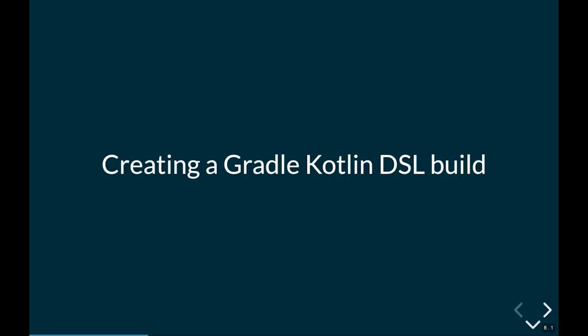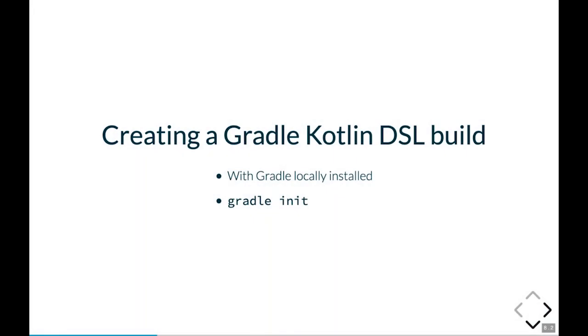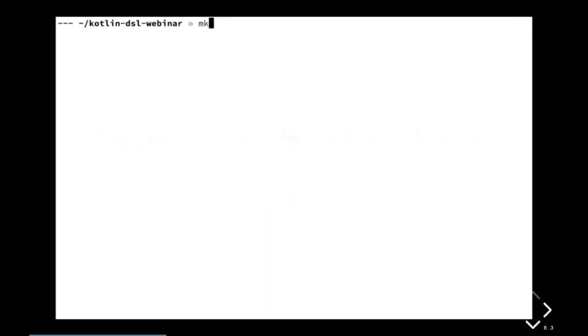All right, so let's get into practical things. We'll get started by creating a Gradle Kotlin DSL enabled build from scratch, and you can do that in two ways. The first one is, if you already have Gradle installed locally on your machine, you can use this init task.